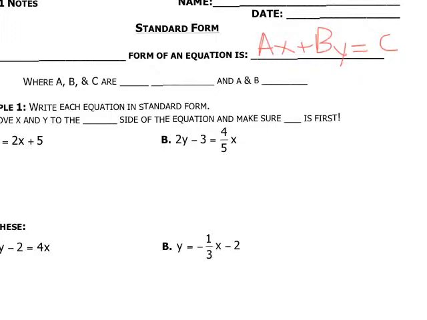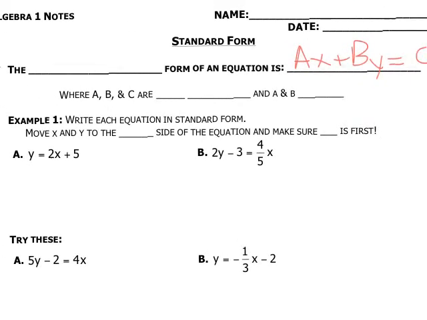Okay, one thing that is important here, standard form requires A, B, and C to be whole numbers. Well, I shouldn't say whole numbers because they can be negative. They're integers. So they can be positive or negative, quote-unquote, whole numbers.